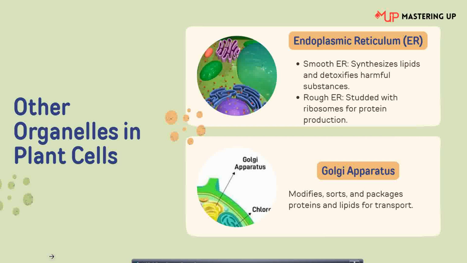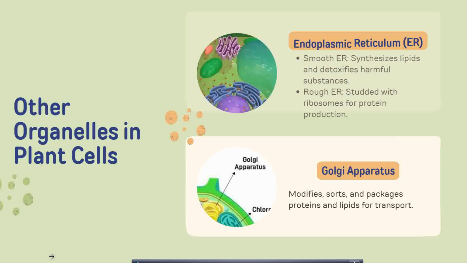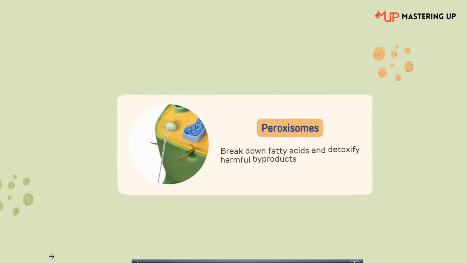It modifies, sorts and packages proteins and lipids for transport within the cell. It is basically a packing organelle. Now we have peroxisomes. They break down fatty acids and detoxify harmful byproducts.